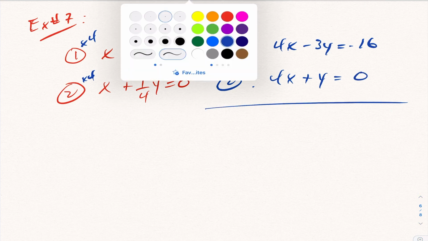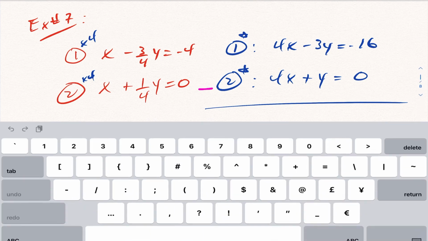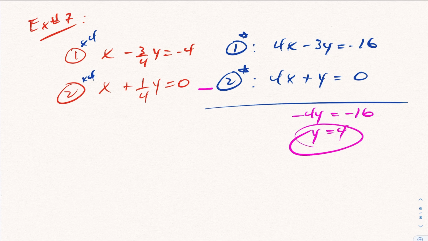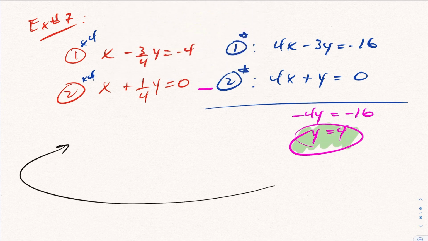Now, setup for elimination is really easy. I can do subtraction. That cancels off my x's here. And I end up getting negative 4y equals negative 16. So I get y is 4. And if y is 4, we can sub that in and solve for x.